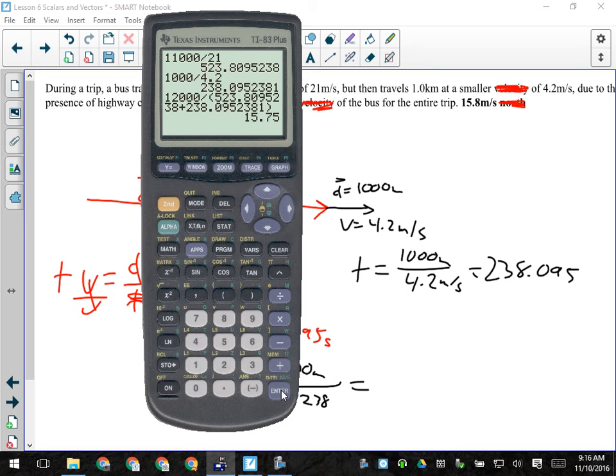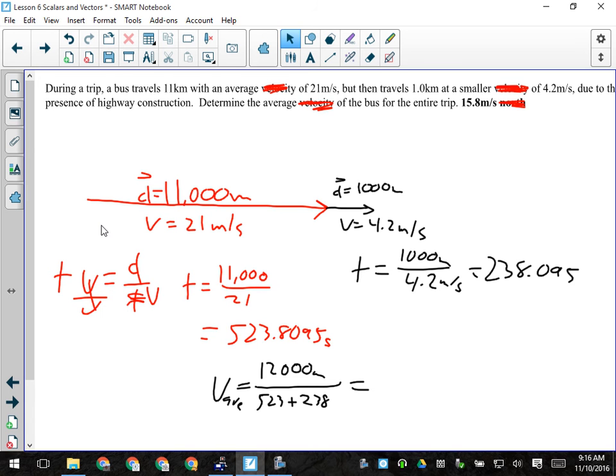Now my answer says 15.8. I rounded to 1 decimal place, but in actual fact, my answer should only have 2 digits. Anybody know why? How many digits do all of my numbers in that question have? 2. There's something we call significant figures or significant digits.